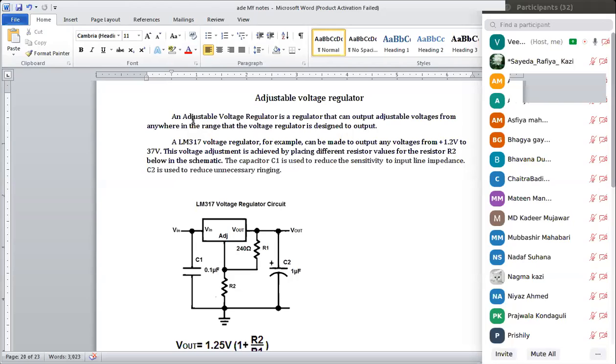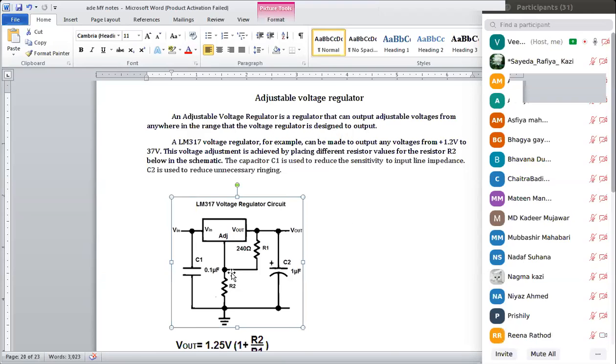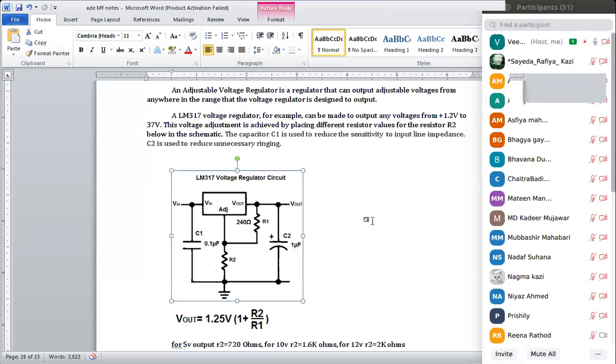An adjustable voltage regulator is a regulator that can output adjustable voltages anywhere in the range that the voltage regulator is designed to output. Suppose this circuit is going to give me a maximum of 15 volts.